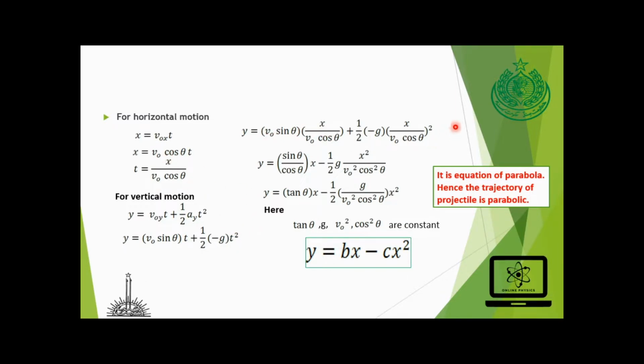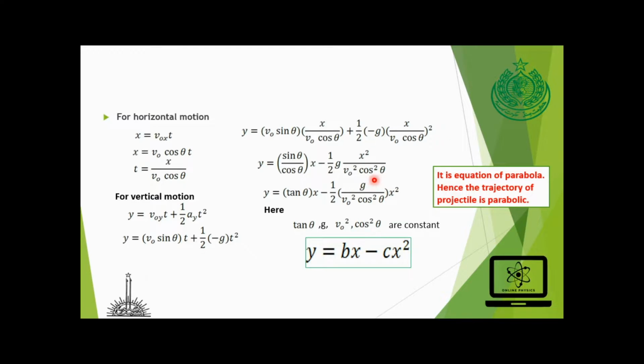We will get this form, and v naught will cancel. Sin theta upon cos theta x minus half g x square upon v naught square cos square theta. Now we know that sin theta upon cos theta is equal to tan theta, so y equals tan theta x minus half g upon v naught square cos square theta into x square.